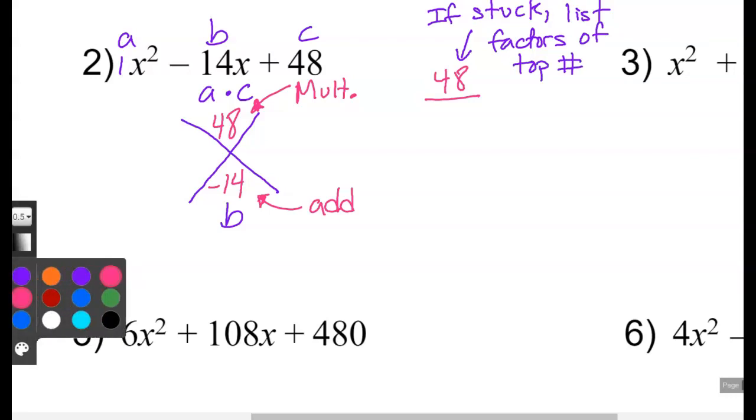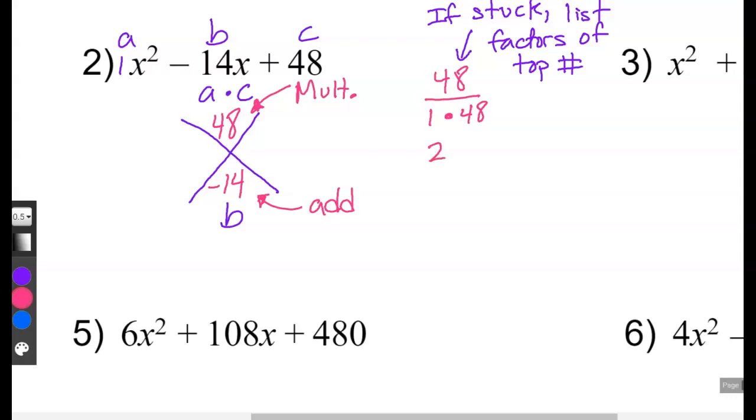What goes into 48? 1 and 48. 1 times 48. What else? 2 times, what do you think? Anybody? 24. What else?